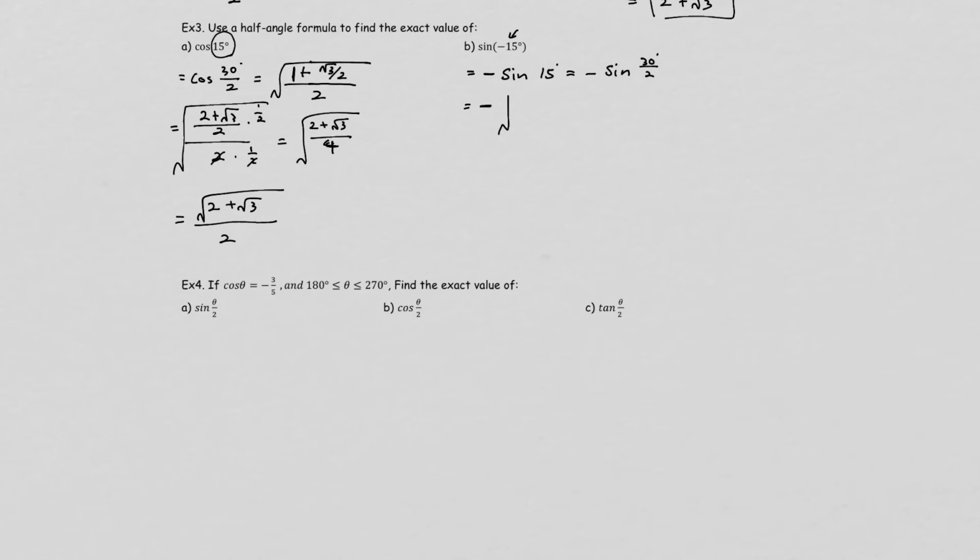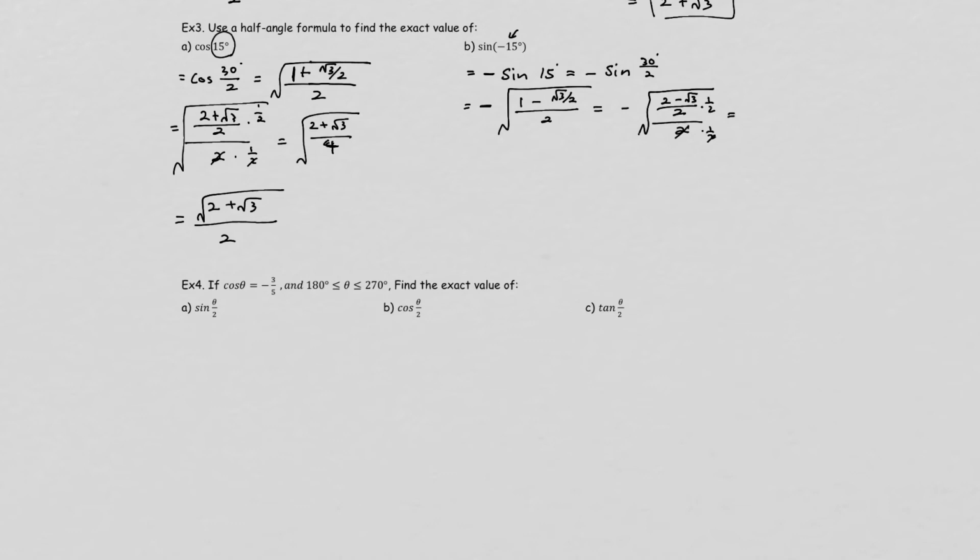And then square root of 1 minus cosine 30 degree. That's square root of 3 over 2 again, over 2. And when you simplify the numerator, that gives you 2 minus square root of 3 over 2 over 2. Let's multiply by 1/2 both sides.